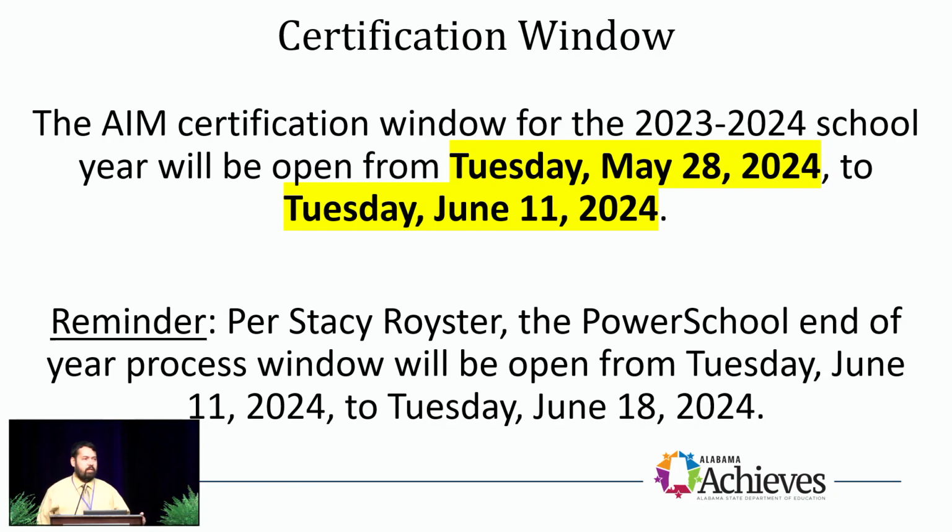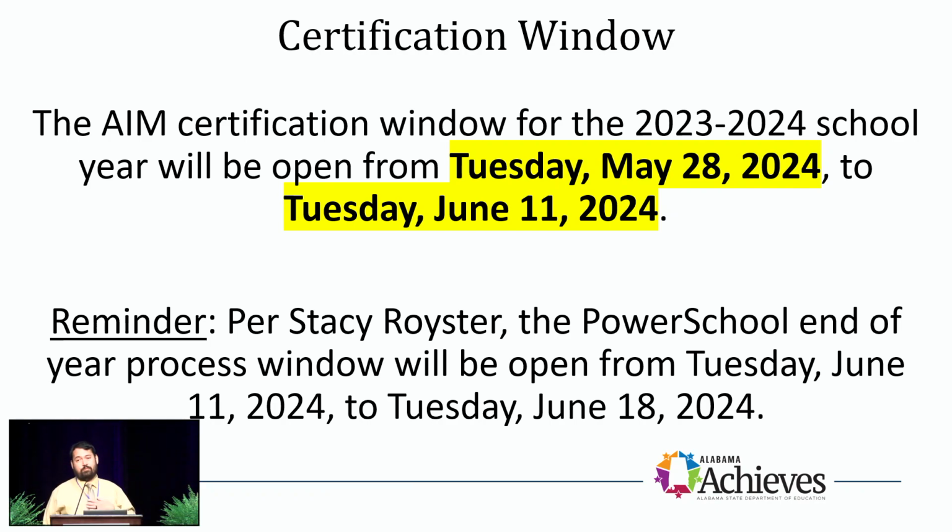The reasoning behind this window being open at this time: if you have been certifying or maintaining your data all year, this is the final closeout, right? So if you are going through the process and looking at all of the state level data in the AIM tile and you see something wrong, you still have time to correct it because the PowerSchool window is still open. When that window closes for PowerSchool on the 18th, that data is locked in.